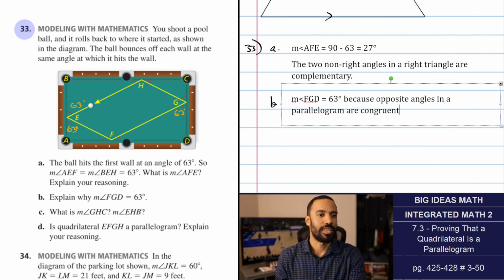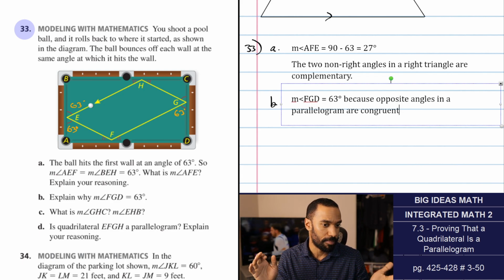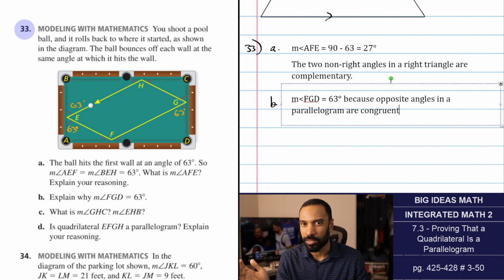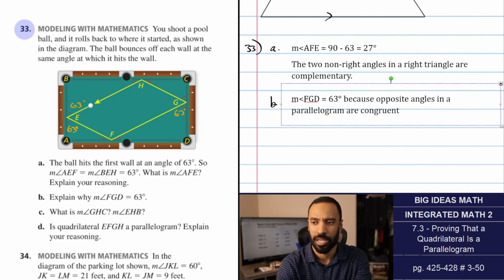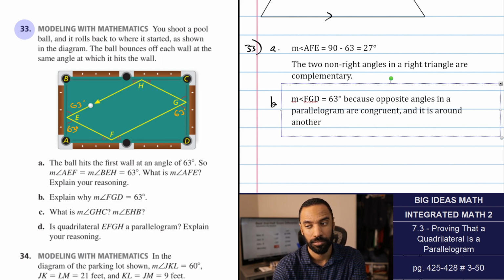And listen, the other thing that we're not really talking about is this diagram, this pool table. I should have mentioned, I think I kind of did with the right triangle thing, the ABCD, it's a rectangle. So a rectangle is also a parallelogram. I think that that's important to note. I'm probably not giving the best definitions. It's around a rectangle. We don't know which are rectangles yet.